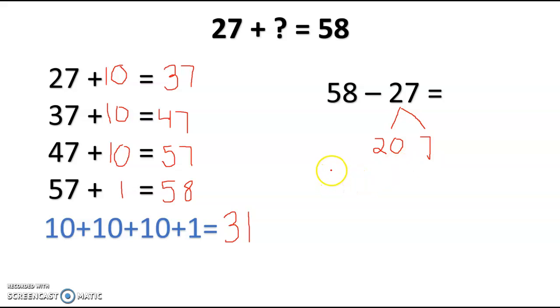So let's start with 58. Let's take away our tens first. 58, we're counting backwards 2 tens. So 58 minus 20. 58 minus 10 is 48, minus another 10 is 38.